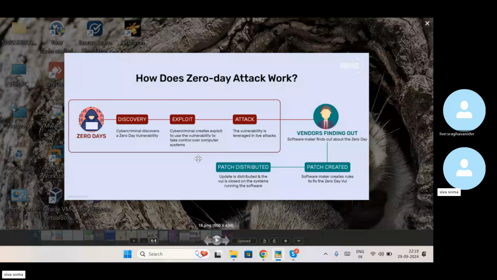Once the vulnerability has entered the system, nobody should know about it. Once you know, they will inform.